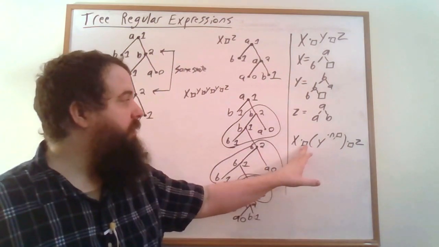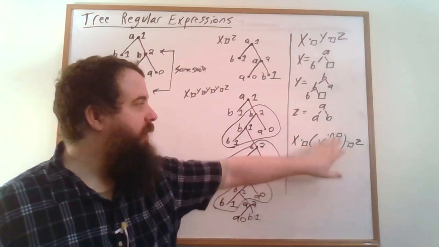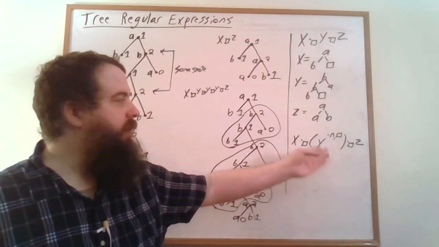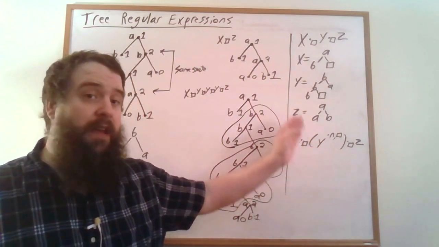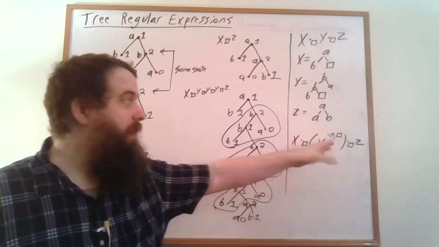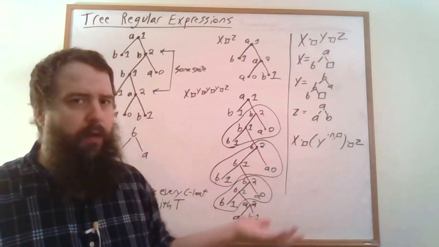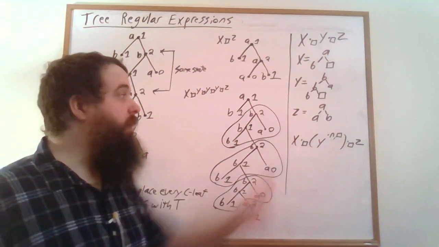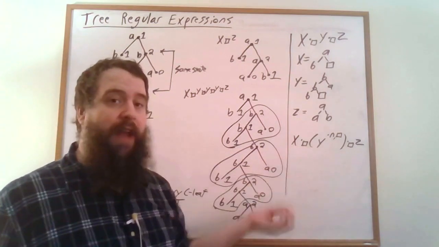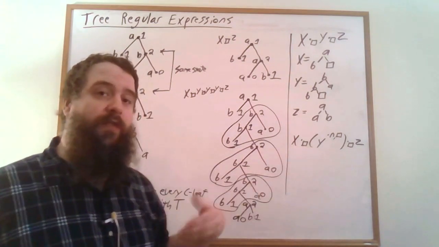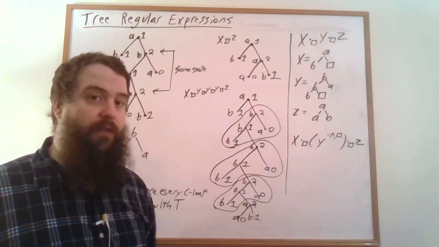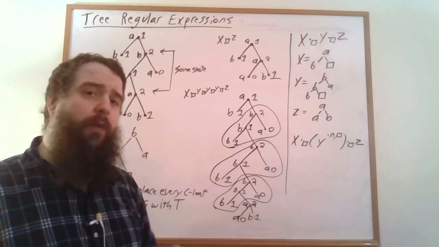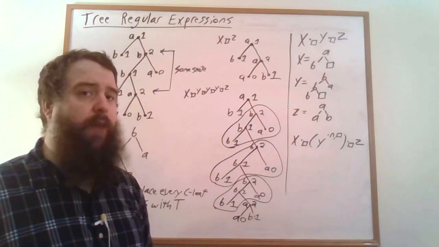Some sort of notion of concatenation and some sort of notion of Kleene star, some sort of notion of taking a tree and concatenating it with itself n times for some n, but we don't know which. And this is going to motivate our notions of concatenation and Kleene star when we start talking about tree regular expressions. Just for completeness though, I would like to state the pumping lemma for tree regular languages.